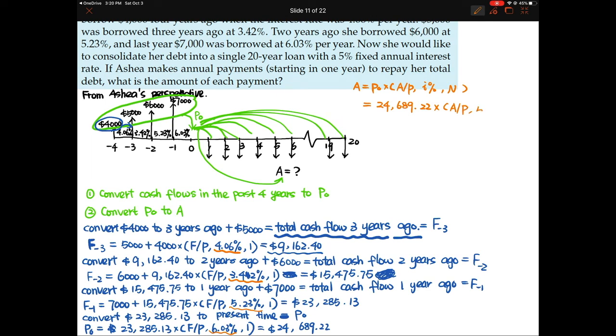I is now fixed. Okay, so you can convert it directly. So 5%, how many years? You got 20 years to distribute. So now the value is 1,980.08, which means Ashia needs to pay this amount every year for 20 years so that she can repay all the earlier debts.